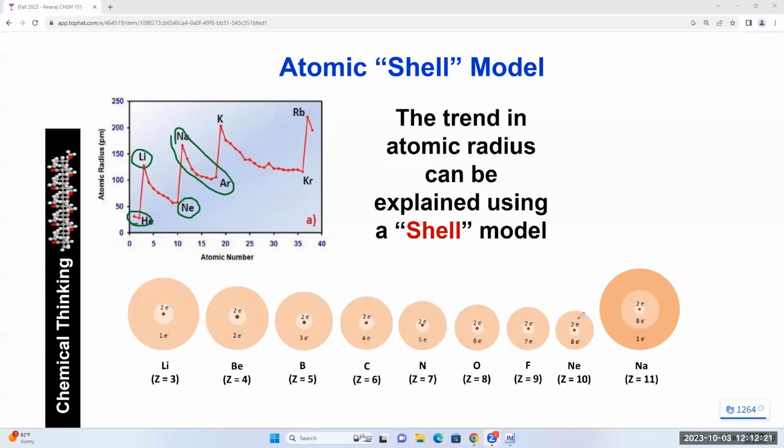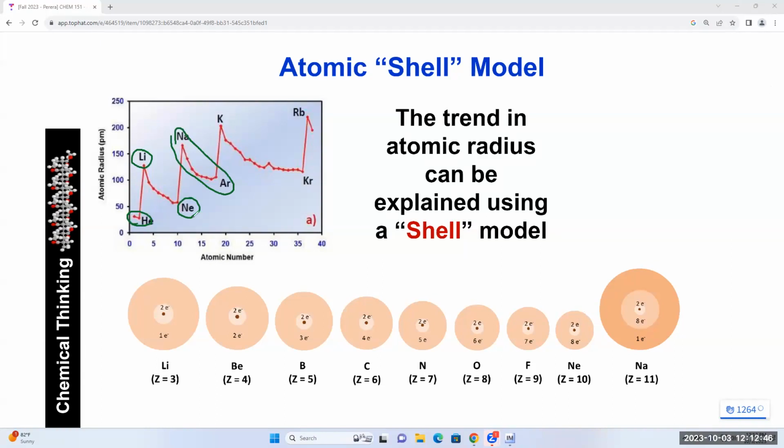When you go from neon to sodium, neon has 10 electrons, sodium has 11 electrons. The 11th electron of sodium is not filled to the same shell. It is filled to the next shell, which is larger than the previous shell. And that's why there's a huge jump in the size of the atom when you go from neon to sodium.